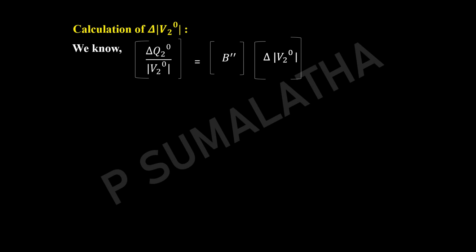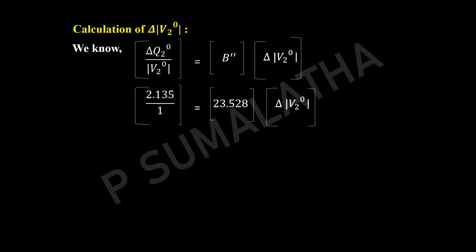Since we are calculating for the PQ bus, our second bus is a PQ bus, so instead of the P value, I have represented the second bus. Now the delta Q2 value, we have got 2.135, and the mod V2 value is 1 per unit. Let us substitute the B double prime matrix that we have got as 23.528. So now we need to find out the delta mod V2 value.